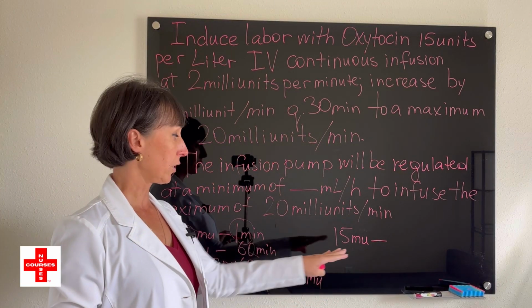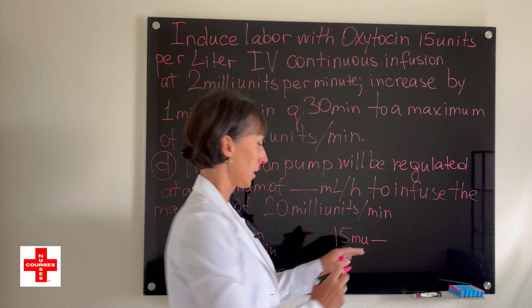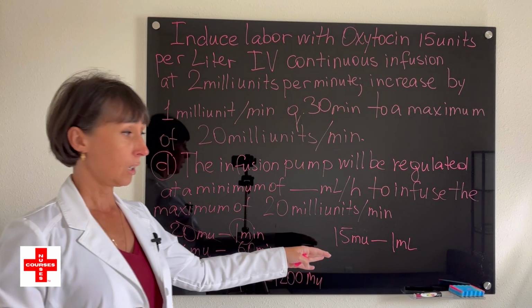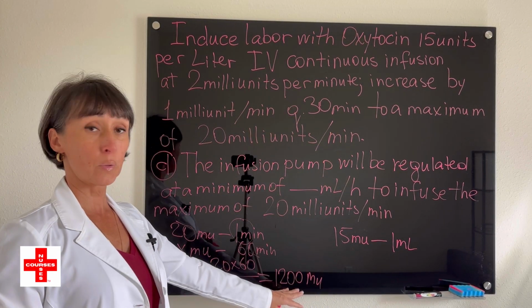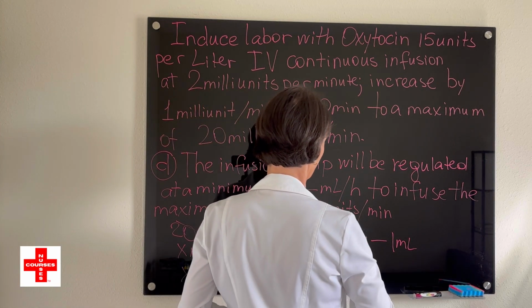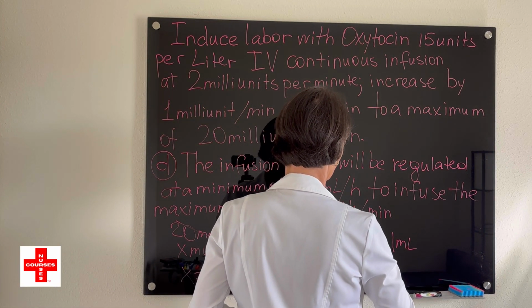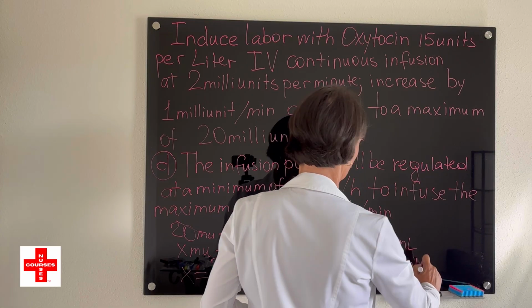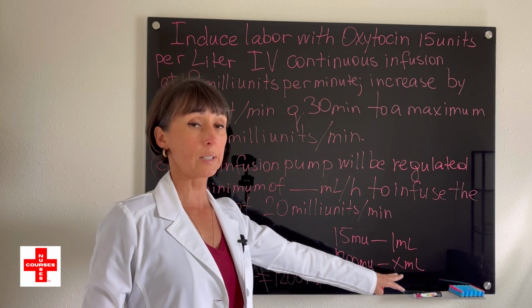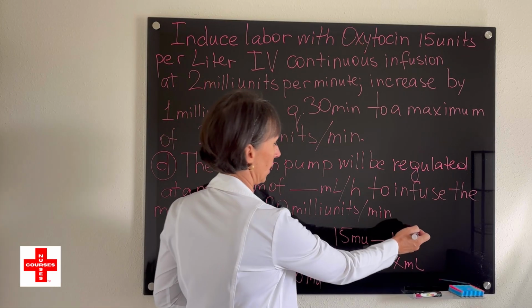And remember, we already found that 15 milliunits is 1 milliliter. So how about 1200 milliunits? How many milliliters is that? 15 milliunits is 1 milliliter, 1200 milliunits is X milliliters.